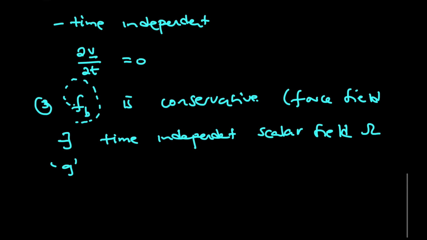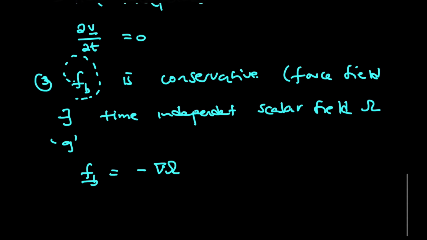Okay, so now we consider there is a time-independent scalar field omega such that our F_B equals minus del of omega. And this implies that del cross del of omega equals 0.